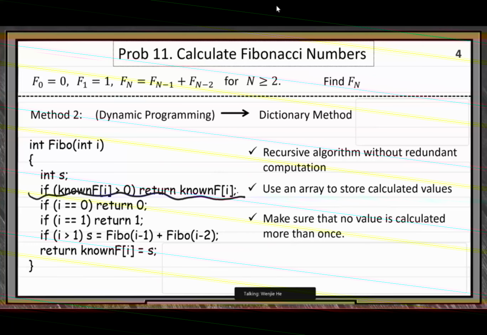If you find that your algorithm contains redundant calculation, then you need to use the dynamic programming way to avoid the redundant calculation. So that's the main point.